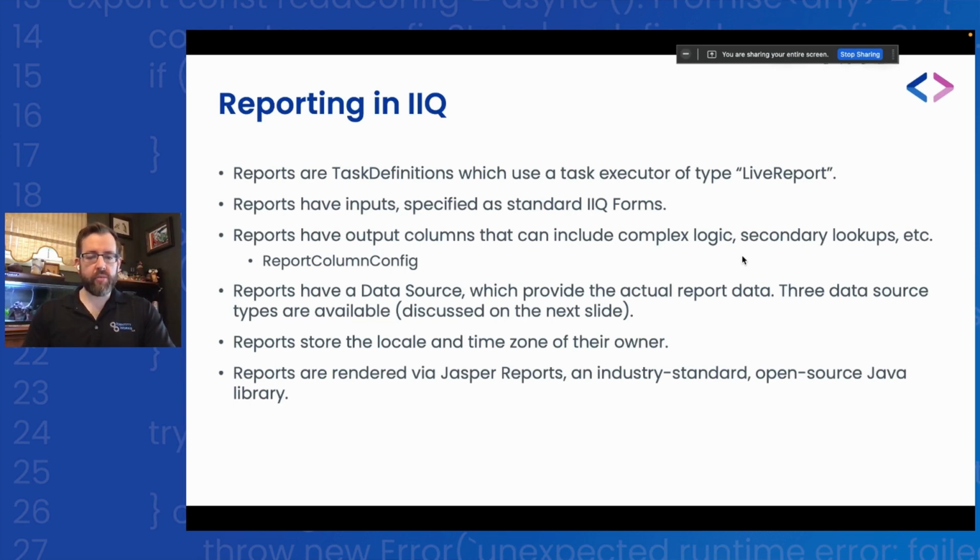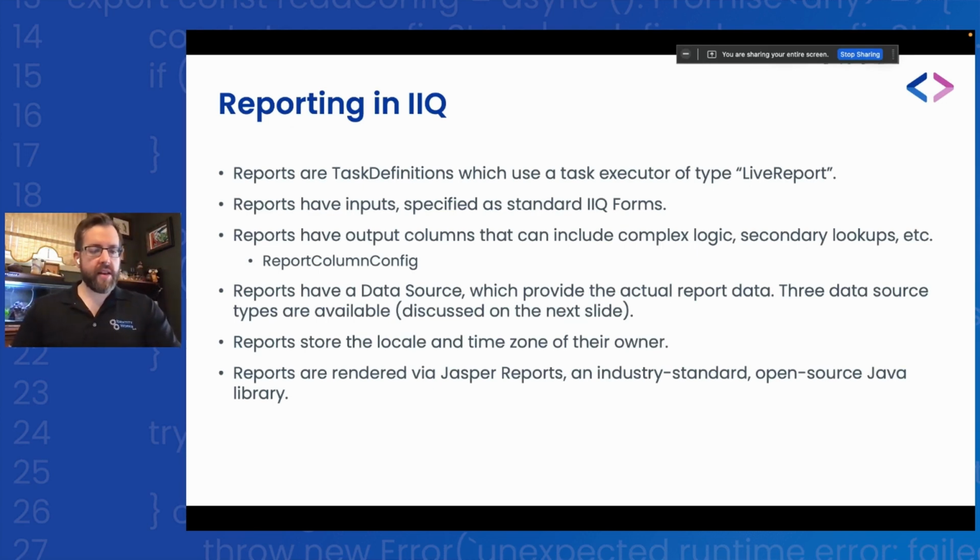You're just wasting database resources. Output columns are implemented using the report column config class, which has a whole slew of options, including rendering rules and data type conversions and all sorts of stuff that play nicely with all of the out-of-the-box report types, and do not play nicely at all with the Java report types. So we'll be talking about that a little bit later.